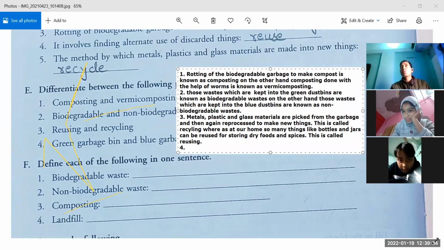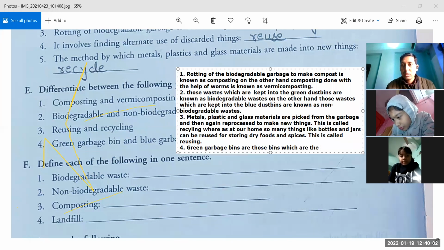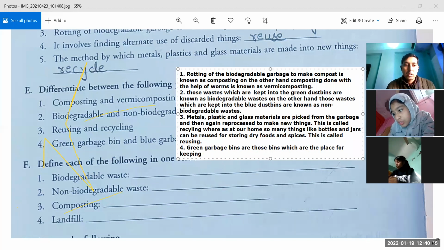Number 4, green garbage bin and blue garbage bin. Green garbage bins are those bins which are the place for keeping biodegradable wastes.